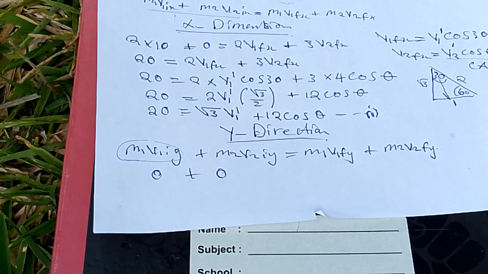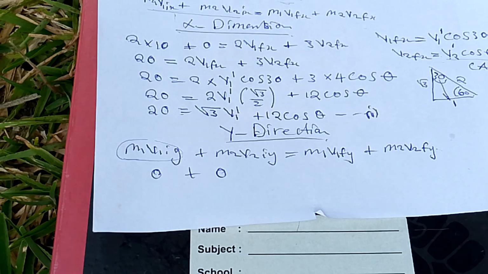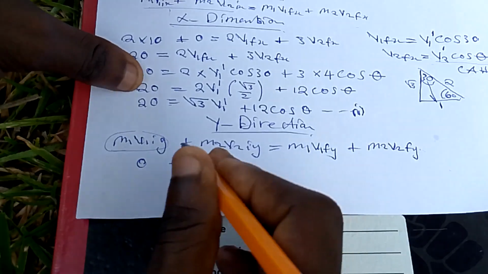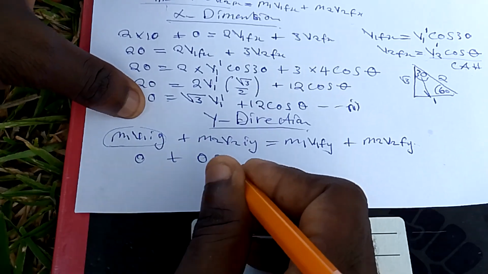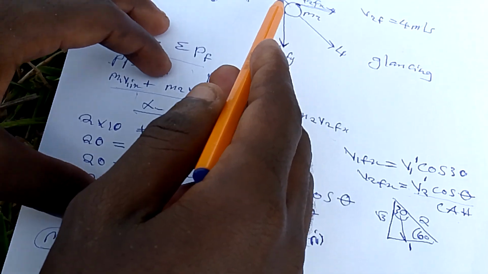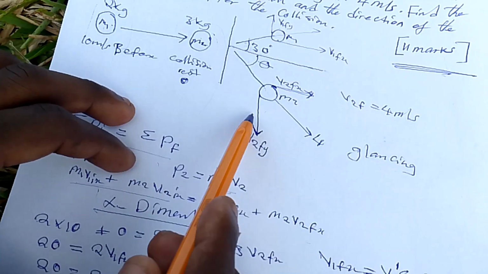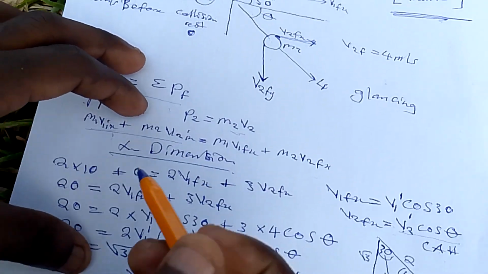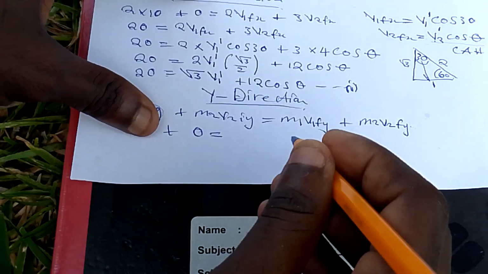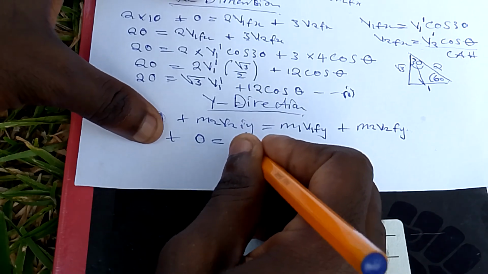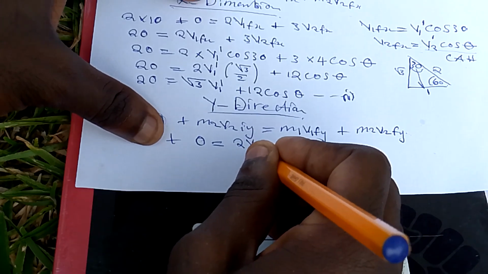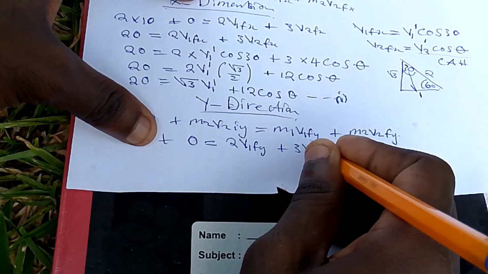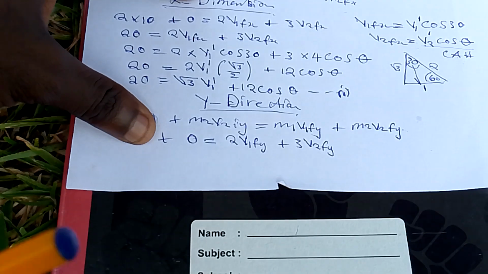That's what you're going to do before they collide. Before they collide, they had no momentum in the y. So equals to, now after they collide, as you can see, after they collided, there is momentum in the y for this ball, and also there is momentum in the y for the first ball. So that means we are going to have m1, which we are given is 2, times v1 final y, plus m2, which we are given is 3, times v2 final y.